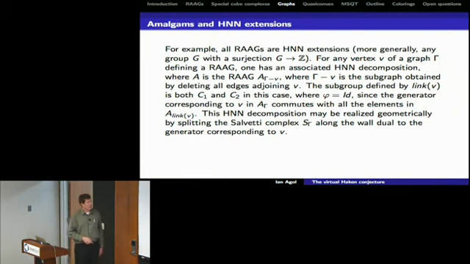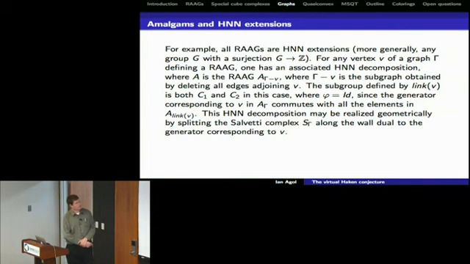For example, right-angled Artin groups are all HNN extensions. More generally, any group with a surjection to Z will be an HNN extension of the kernel of that map, by the conjugation acting on that kernel.